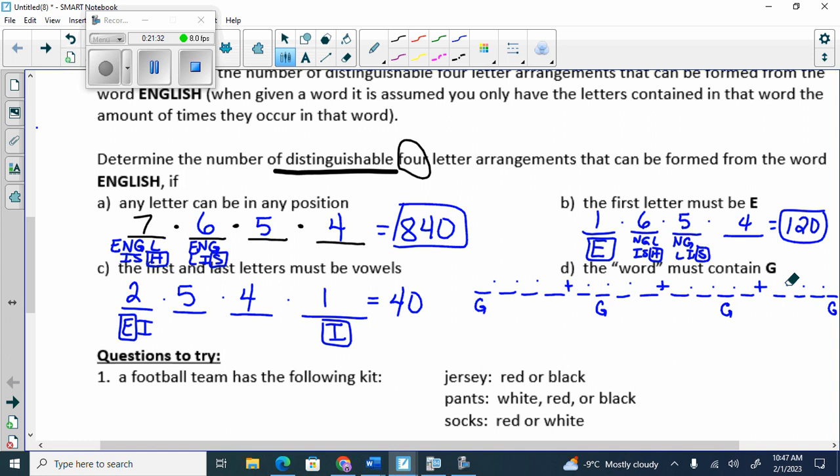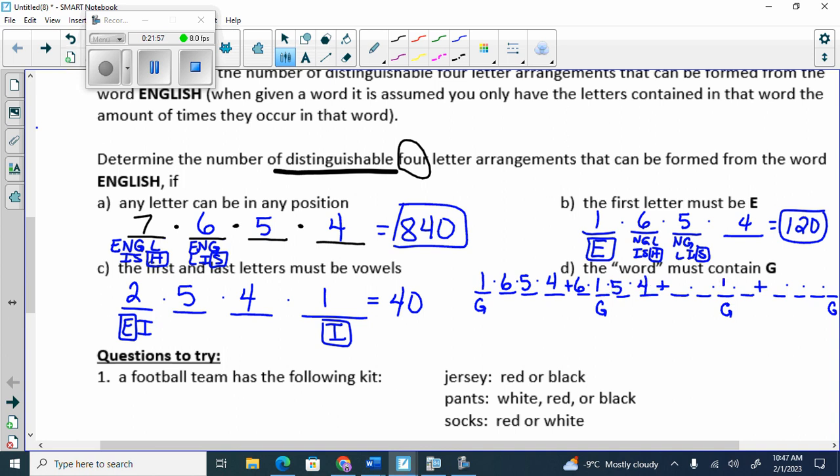So here we have 1 G. Then, how many letters are left? 6. Now here we start with friction first, so 1 G. Then how many letters are left? 6, then 5, then 4.